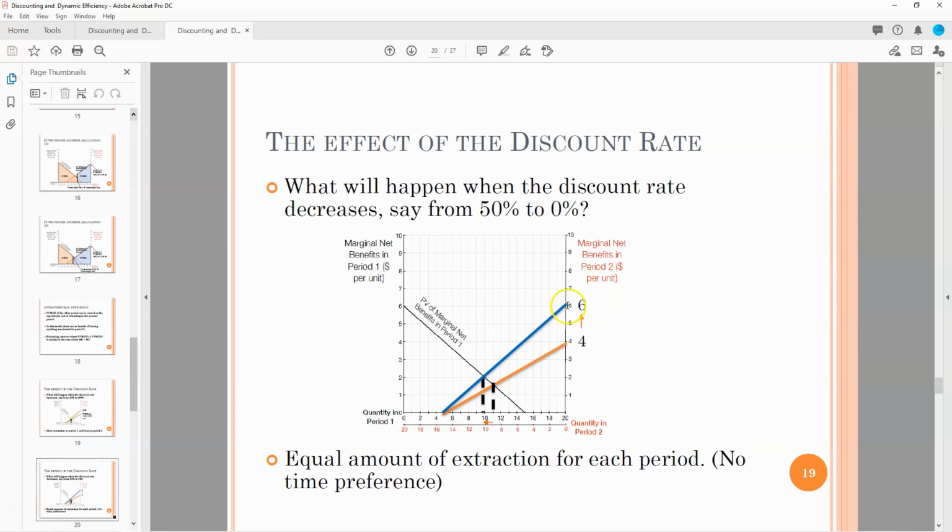So we can say the blue line, when there is a 0 discount rate, is exactly the same as the black line. So the intersection of those two lines should be equal to 10. That means we consume an equal amount of resource in each period.